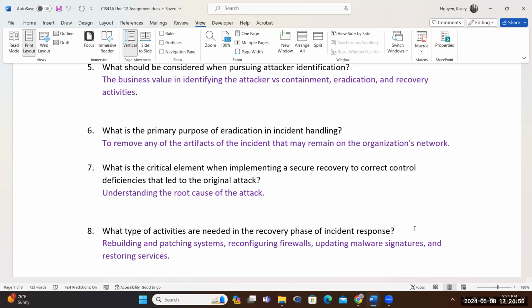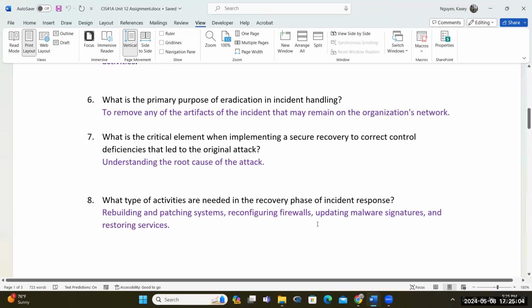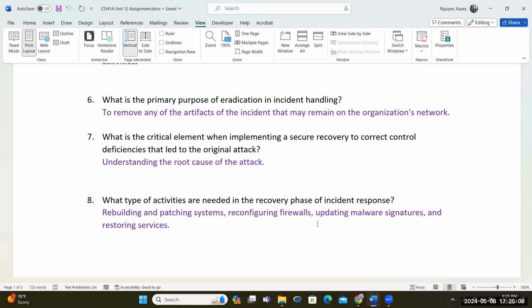Okay, so the type of activities needed for the recovery phase are rebuilding and patching, configuring, updating, and restoring services. This takes time, okay? You saw how I brought up Caesars Palace because I think that's the largest incident that we've seen nationwide.